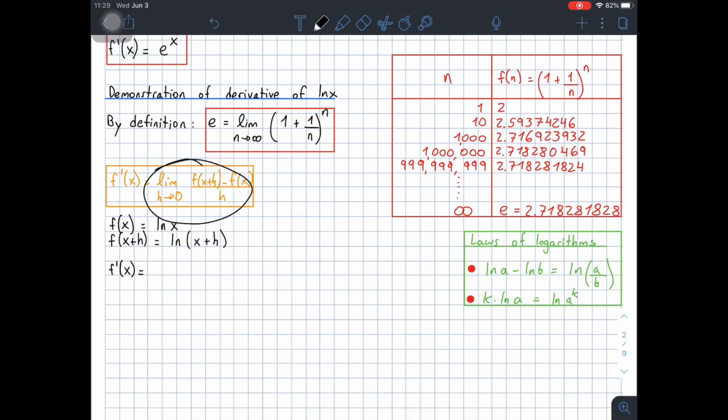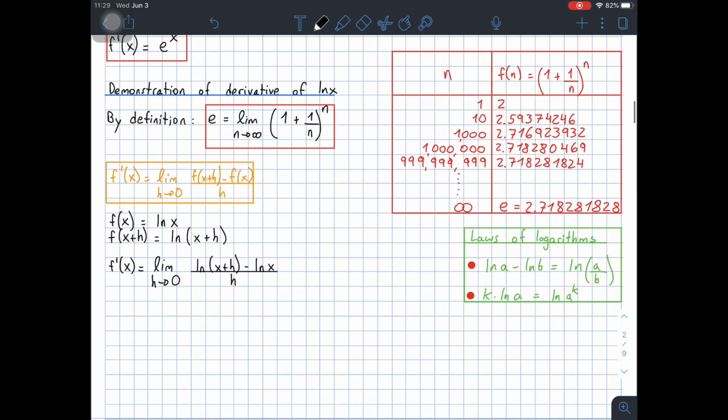Now we can apply the definition and say that f prime of x is equal to the limit when h approaches 0 of f of x plus h, which is the natural logarithm of x plus h, minus the natural logarithm of x, which is f of x, divided by h. Now, if I try substituting h with 0, I should get an indetermination.